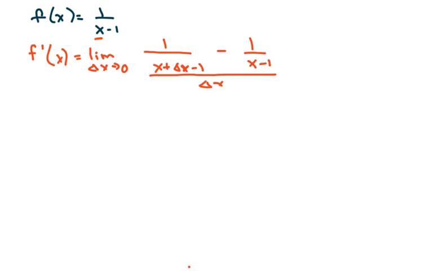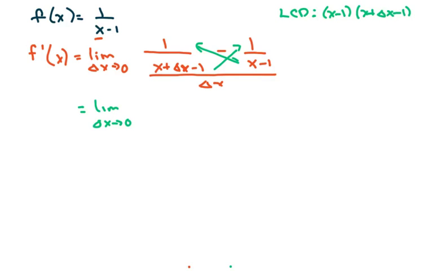Now, right here, my least common denominator is x minus 1 times x plus delta x minus 1. And you can just kind of cross up here, and you're going to get the limit as delta x goes to 0. And if you cross, so I'm basically cross multiplying, sort of.